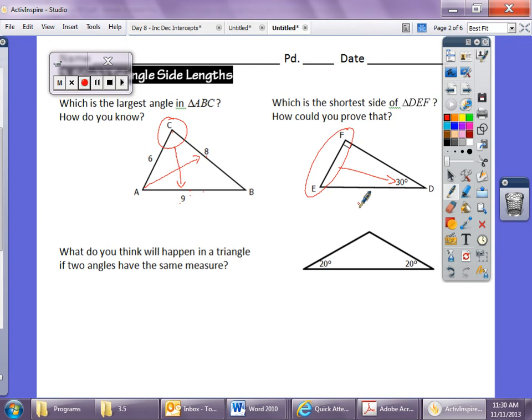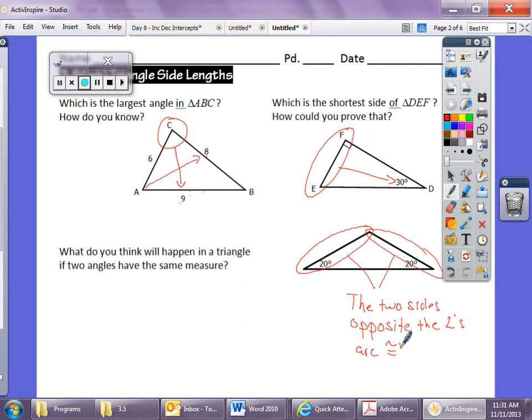So what do we think will happen in a triangle if two angles have the same measures? Well, what do you think about this side compared to this side? All right, the two sides opposite the angles are going to be the same. Two sides opposite congruent angles are congruent.